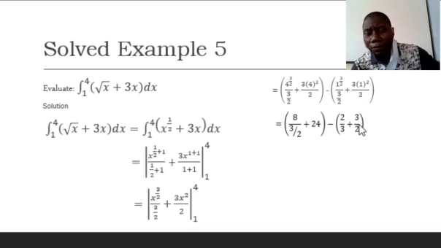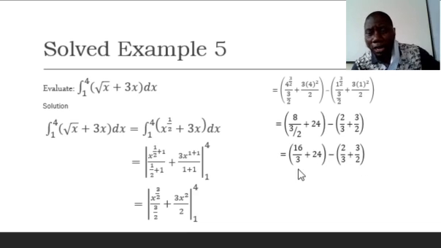I'm having this. Okay. Now taking it further, by the time you simplify 8 over 3 over 2, that will be 16 over 3, plus 24, minus 2 over 3 plus 3 over 2.